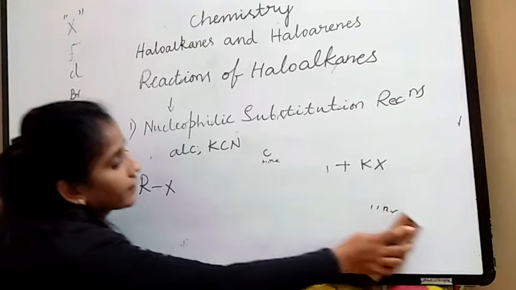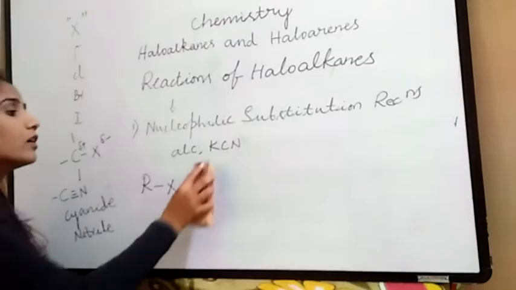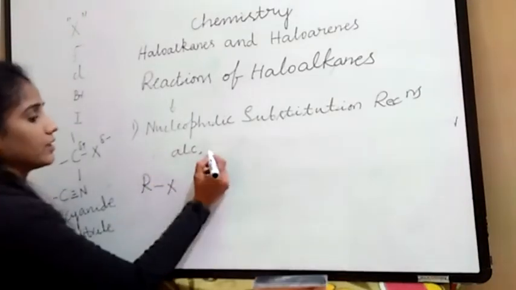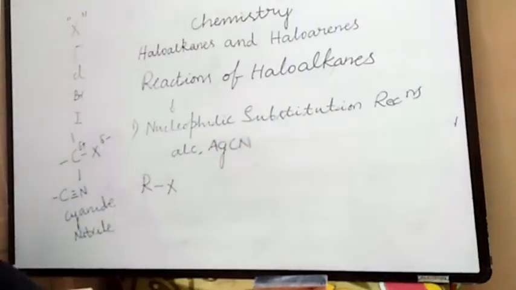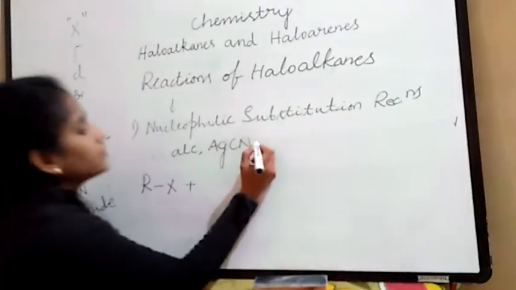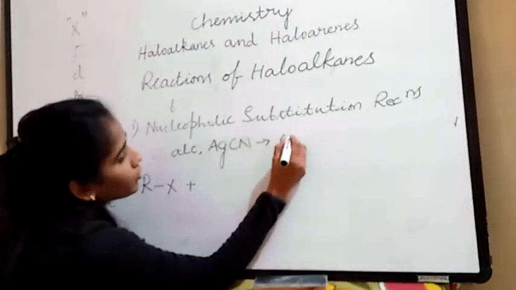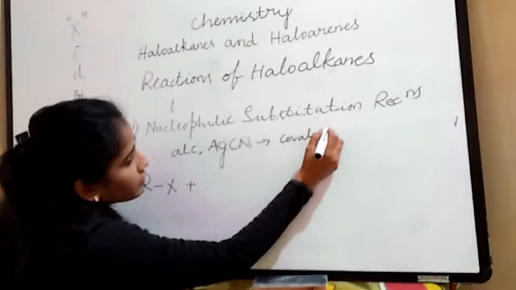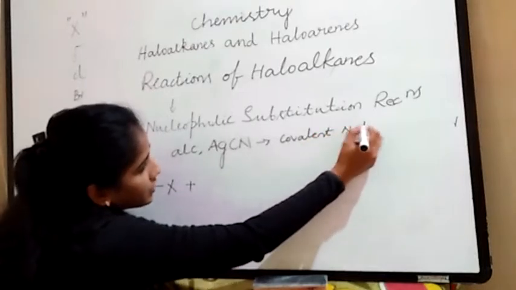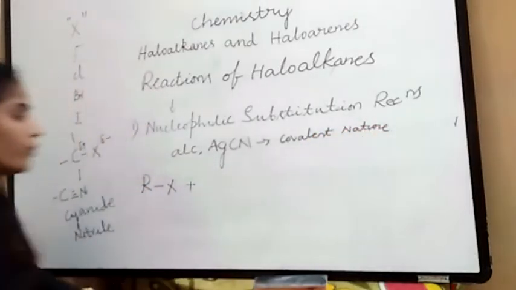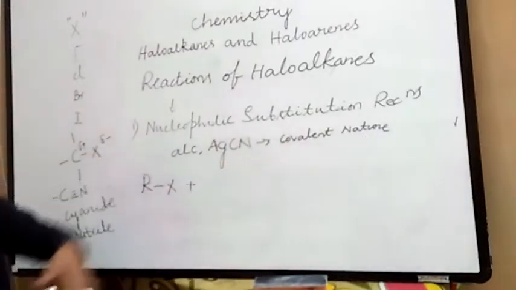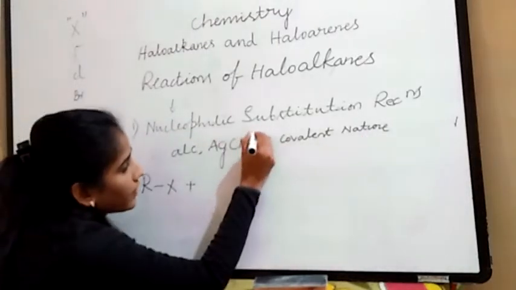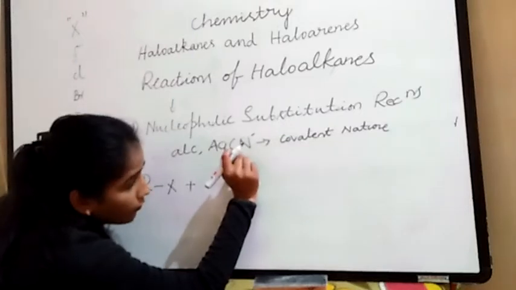So the next one is reaction with alcoholic AgCN, alcoholic silver cyanide. See, alcoholic AgCN is predominantly covalent in nature. Therefore, because of the covalent nature of AgCN, the nitrogen is able to donate the electrons rather than carbon.